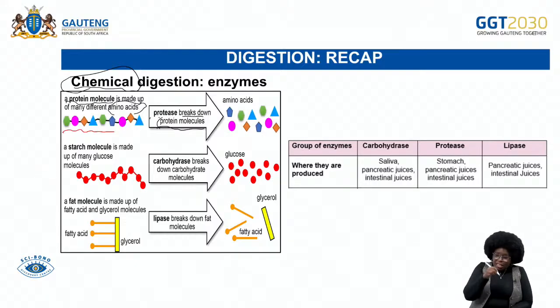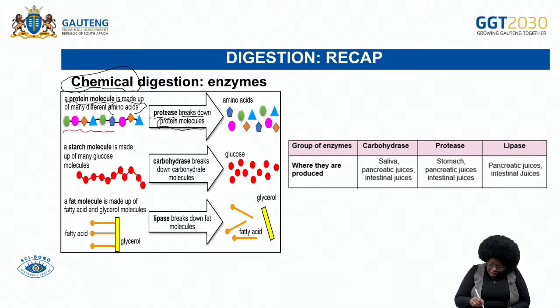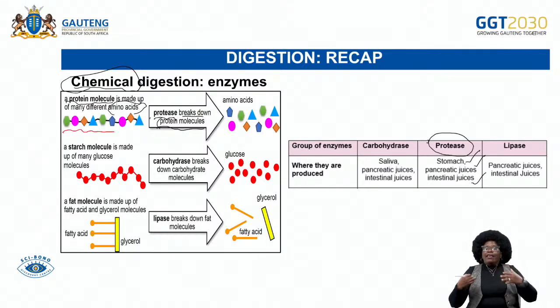Check this out: protease is an enzyme. Check where this is produced. It's secreted in the stomach, also in the pancreatic juices, and also in the intestinal juices, because the intestines also secrete their own juices. So we have the stomach.